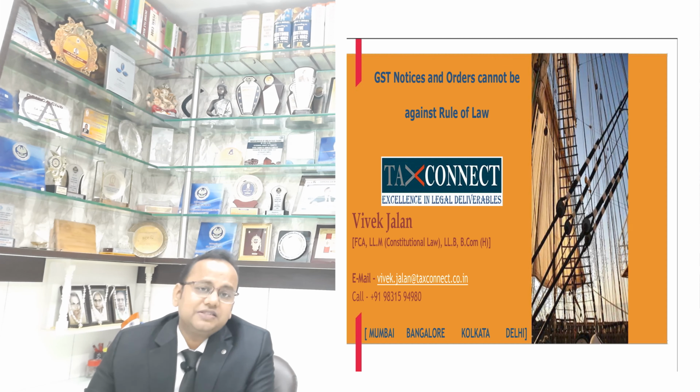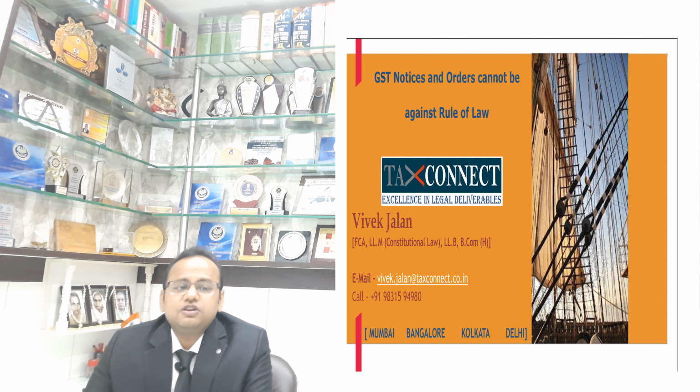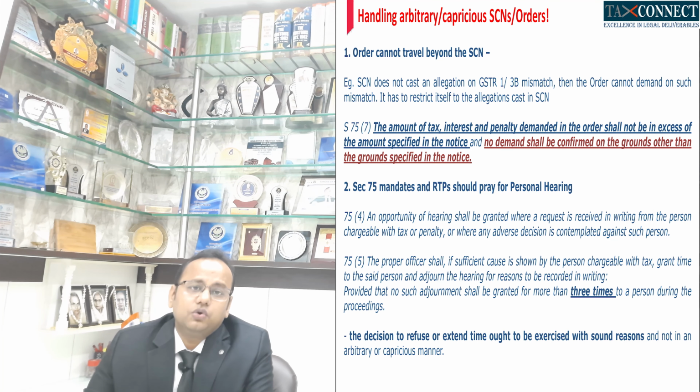Now, let us understand how rule of law has a significance while dealing with these procedures under GST. First of all, it is important to note that an order cannot travel beyond the show cause notice.